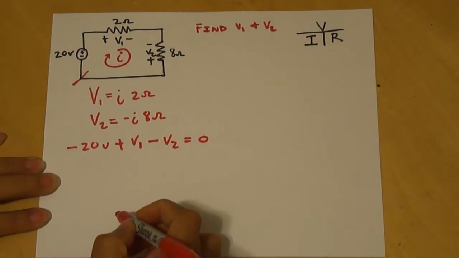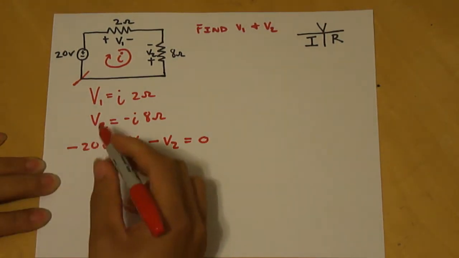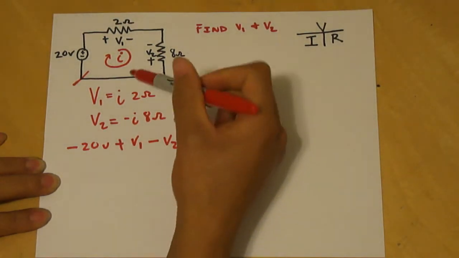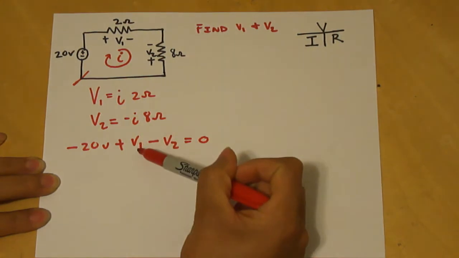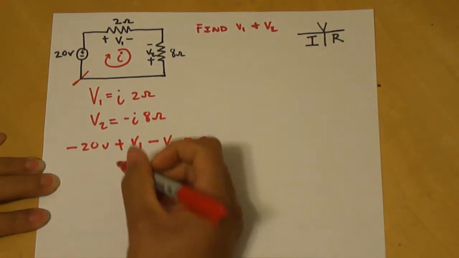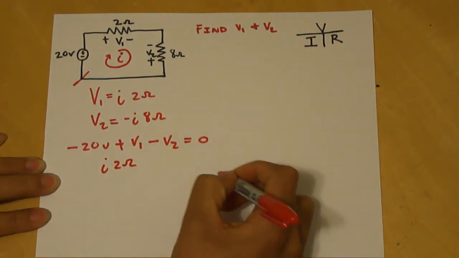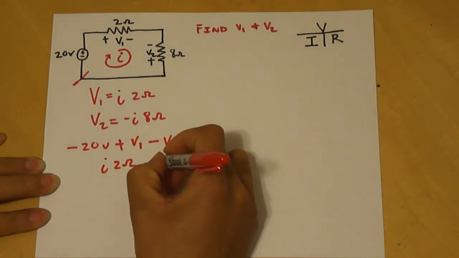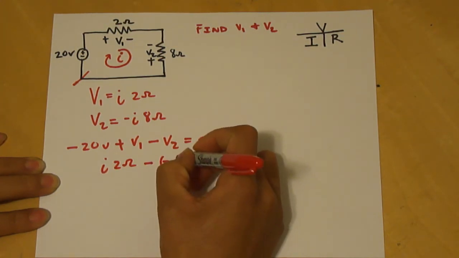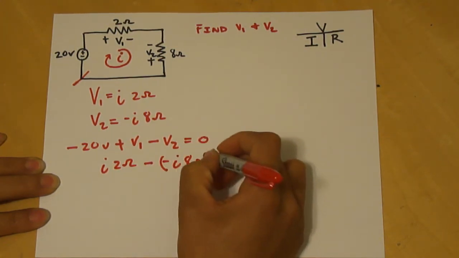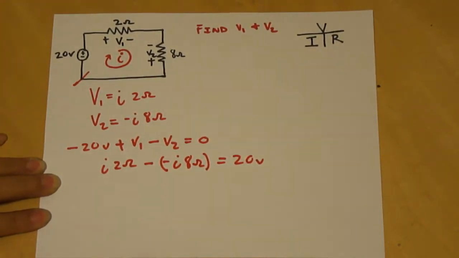So we can move this 20 to the other side. And we also can take this V1, plug it in there, V2, plug it in there, and that'll be I times 2 ohms minus I times 8 ohms, set it equal to 20 volts.